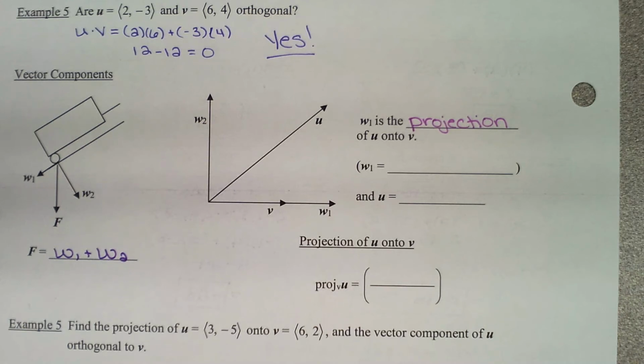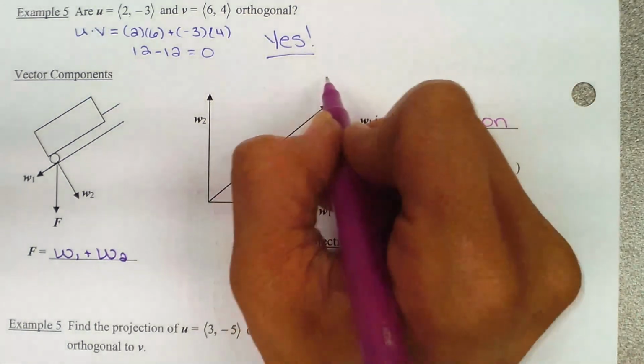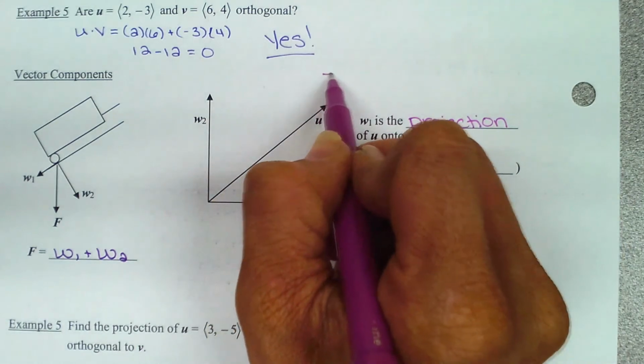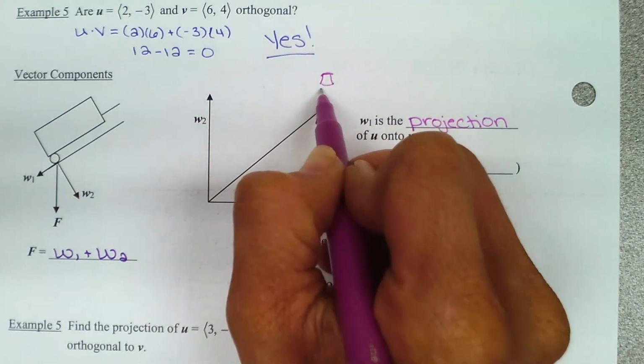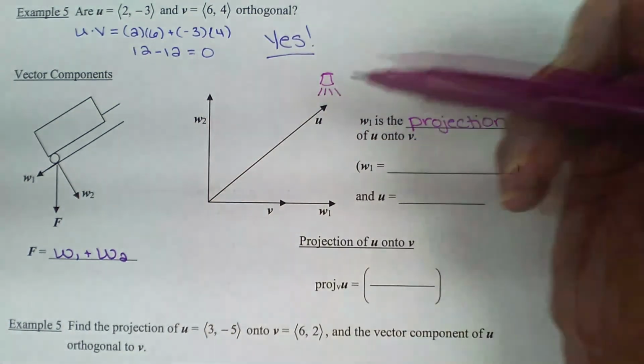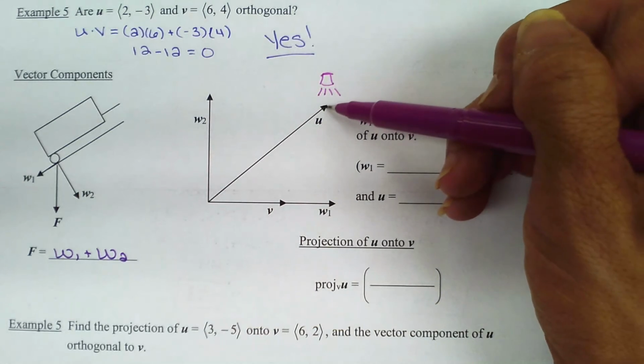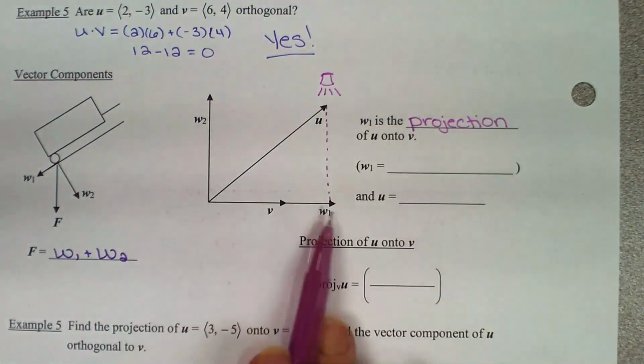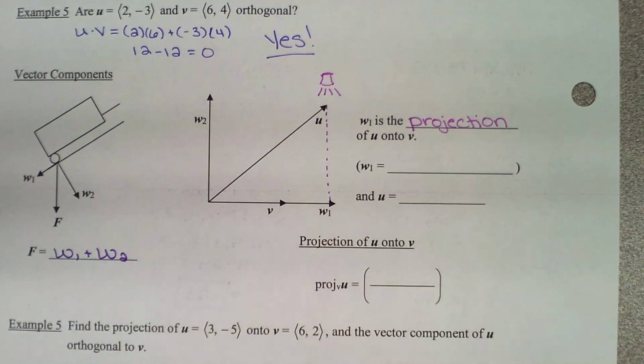Now, the way that you can think of that, and the way I've always described it in the past to students, is by projection. Picture that if you had some kind of light that was up here, and that light was shining down on u, it's going to create a shadow that comes down on v and creates this w1. That's what that projection is.